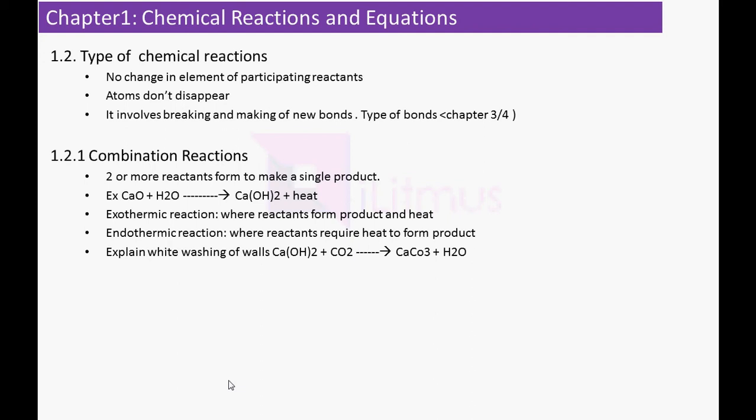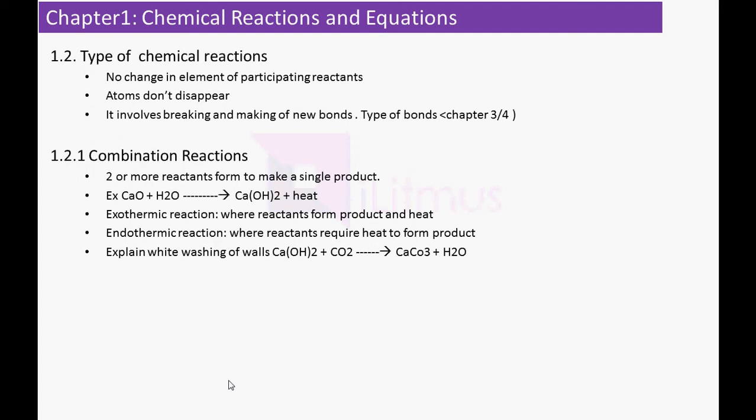So explain whitewashing of walls. What is whitewash? What do we do? We mix the limestone plus water in the bucket, and we coat our walls. This whitewashing is done. But at that time, you cannot see the shining wall. It is just like water and a little bit of whiteness.